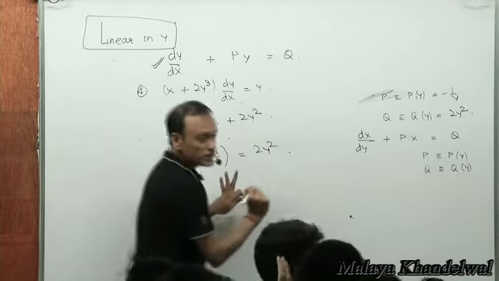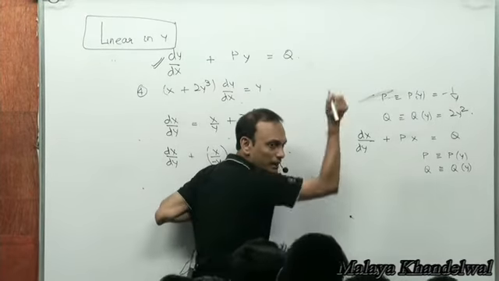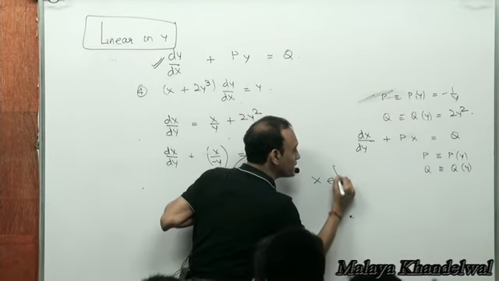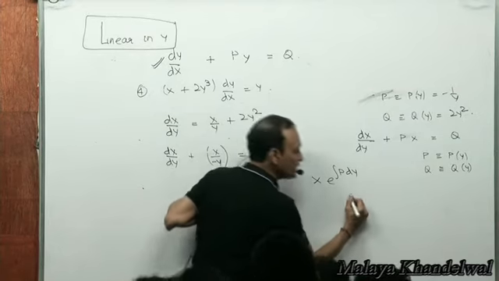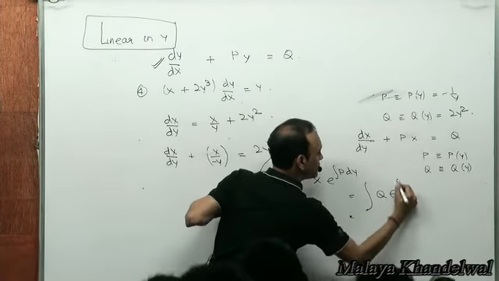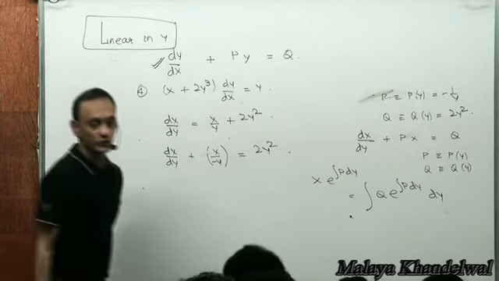The solution is x e power integral p dy equal to integral q e power integral p dy dy. That will be the solution to this differential equation.